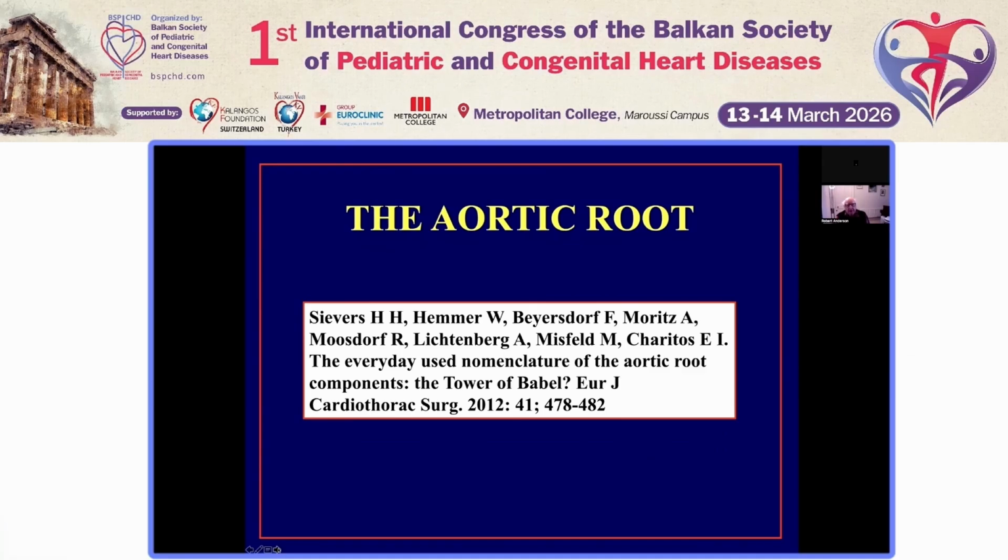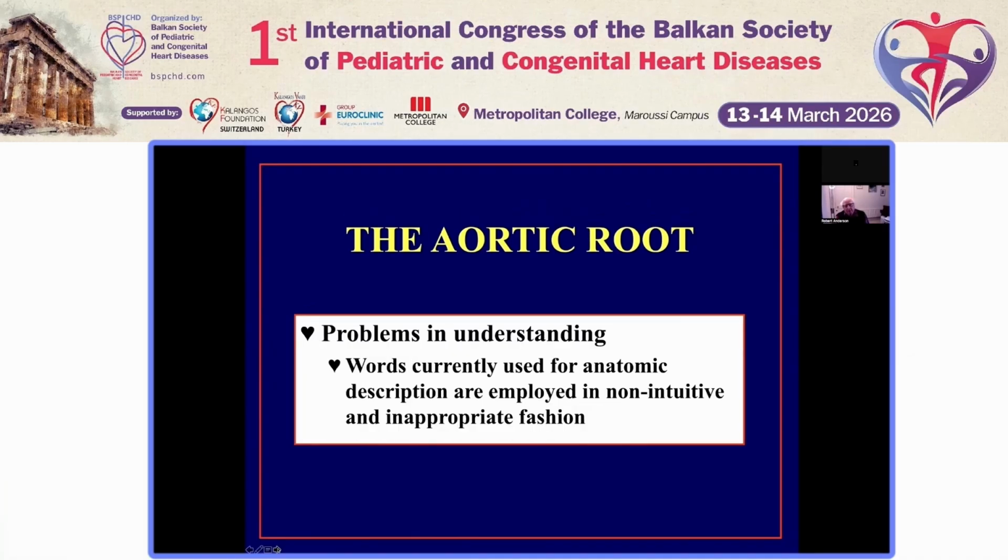So quite some time ago now, 13, 14 years ago, the German surgeons produced a questionnaire, and this was the result of their questionnaire. And when they published their findings, you see that at that time they described the nomenclature as a Tower of Babel. And hopefully we've now gone some way forward in sorting out the problems found within the Tower of Babel.